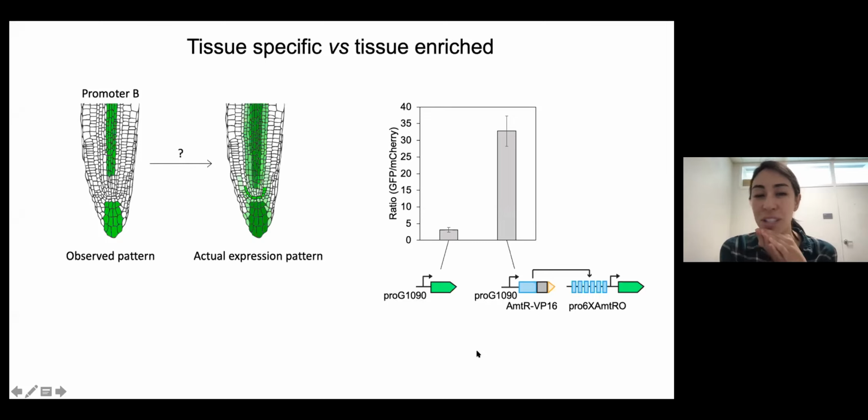If you think about a multicellular system, tissue-specific promoters are actually what we should be calling tissue enriched. The reason something like this may be happening is because the observed expression pattern that you see, for example, with that pin-4 promoter, is just the expression in cells where you are above a threshold of detection.